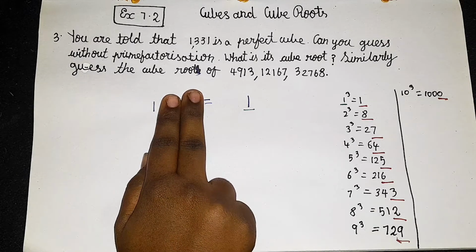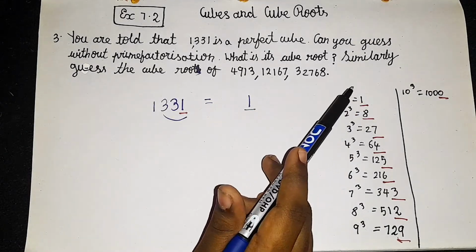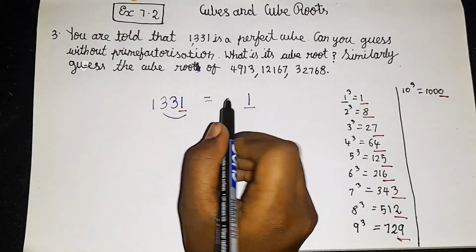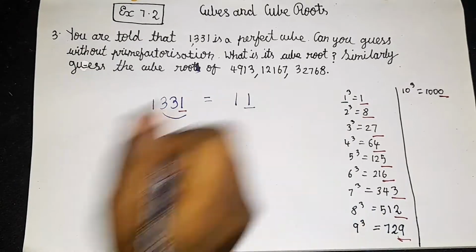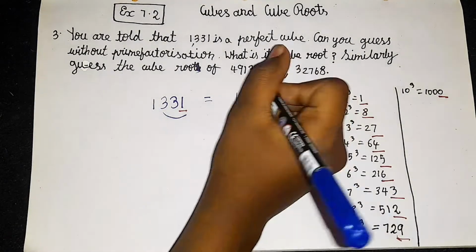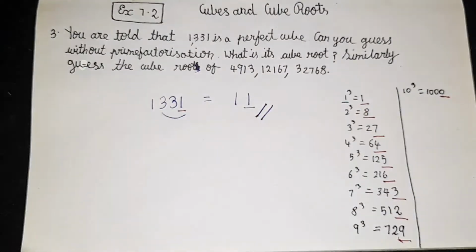Of course, you know, like the previous one, only this one. So here also we do the same thing: take this one and write it here. So our answer is 11 cube. We should write the answer as 11 itself. No need to write 11 cube.